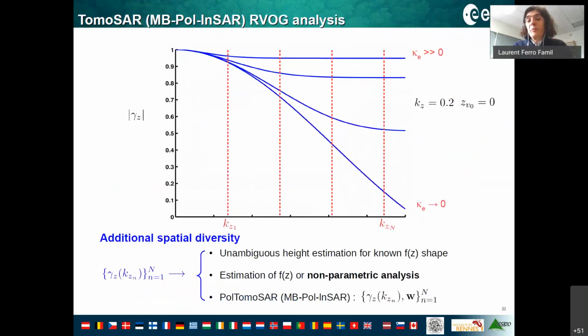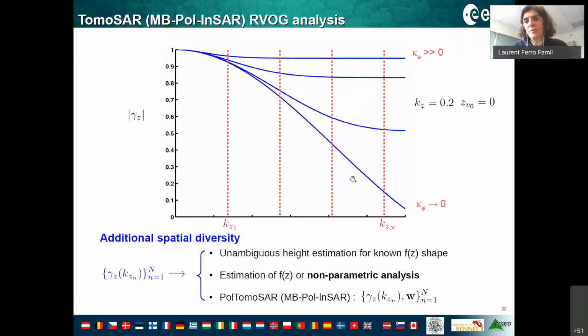What about tomography? Tomography proposes another solution. Instead of using a single baseline, you want to use, let's say, n different baselines. And what do you get? You get different vertical wave numbers, and for these different vertical wave numbers, you measure each time a coherence. And when you compare the values you got on different baselines, in fact, with this example, you can really, only for the modulus, differentiate these different extinction profiles, correlation profiles here.